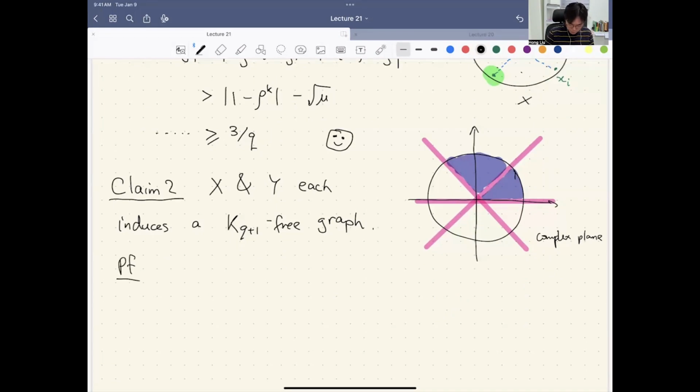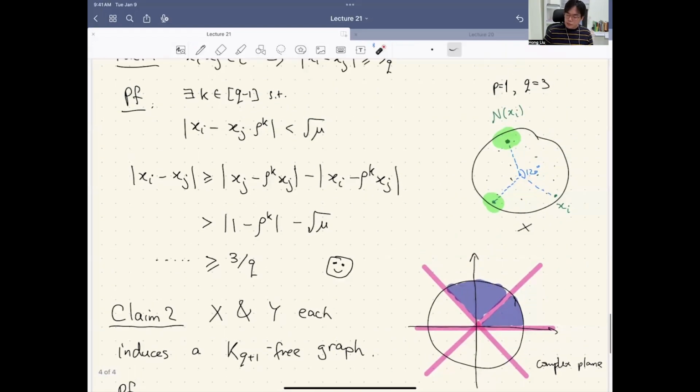Proof. As I said, suppose there's a K_{q+1}, suppose there's a K4. By definition, every two must be a certain power rotation of another.